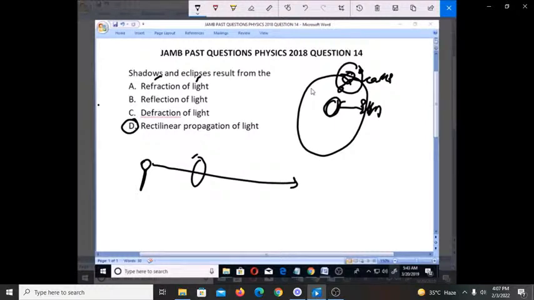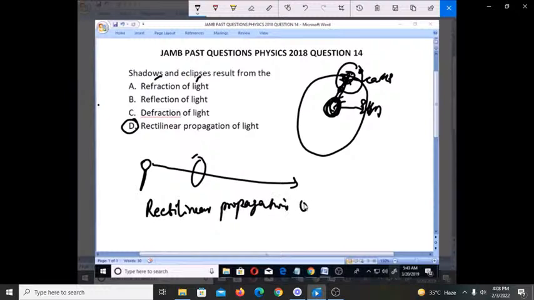And this is actually because the sun is emitting light that is traveling in a straight line. Motion of light in a straight line is known as rectilinear propagation of light. So whenever you hear the word rectilinear, it simply means movement of light in a straight line.